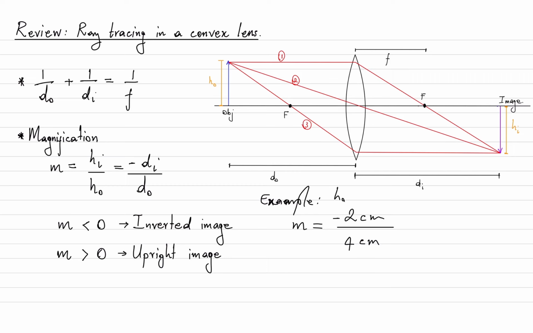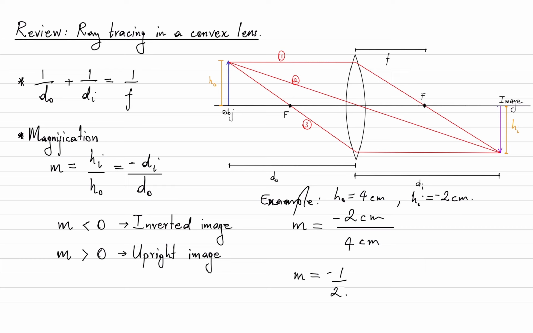So if our object height was 4 centimeters, and it produces an image whose height is 2 centimeters, but the image is on the bottom side of the principal axis, therefore we need to say that HI must be negative. What we will learn here is that the magnification of such a lens in this particular example is going to be minus a half. I'm sorry, I wrote a quarter; it is minus a half.